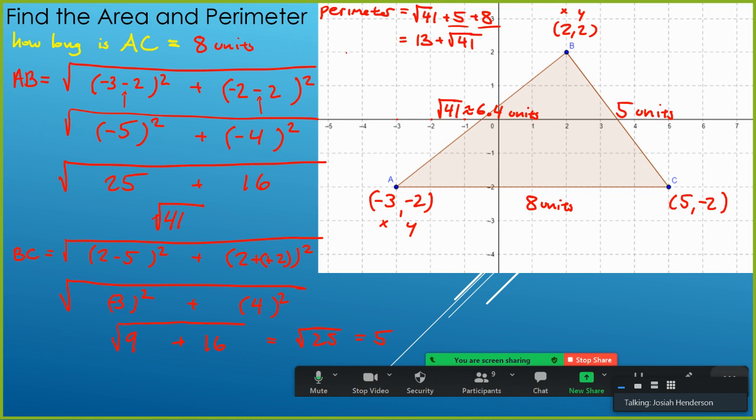And if we wanted to do the rounding, if we used 6.4, then we could plug that in for the root 41. And what is that? 19.4. So pay attention to what Edmentum asks for. If it's asking you to type in an answer, it will tell you either to round to a certain decimal place, like I rounded to the first place, the 10th place.